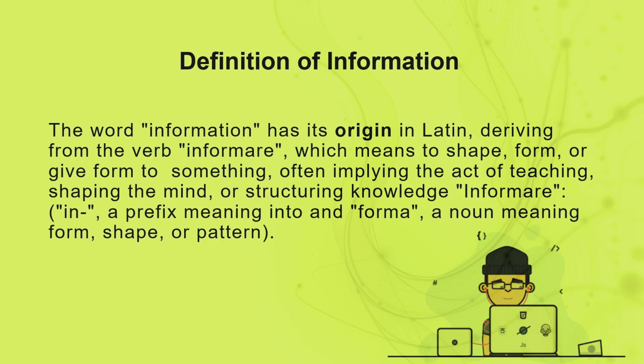The word information has its origin in Latin, deriving from the verb informare, which means to shape, form, or to give form to something, often implying the act of teaching or shaping the mind or structuring knowledge. In informare, in is a prefix meaning into and forma is a noun meaning form or shape or pattern.